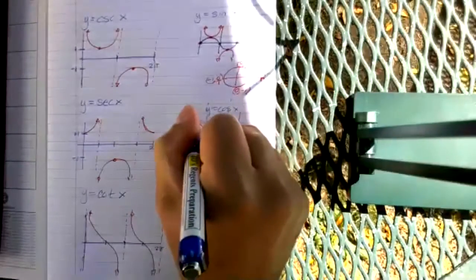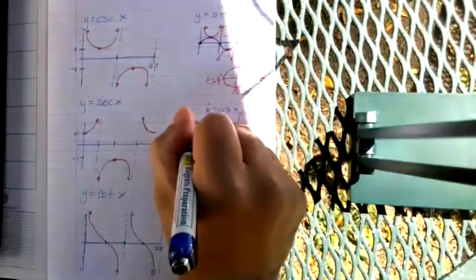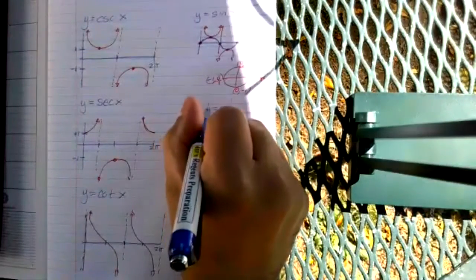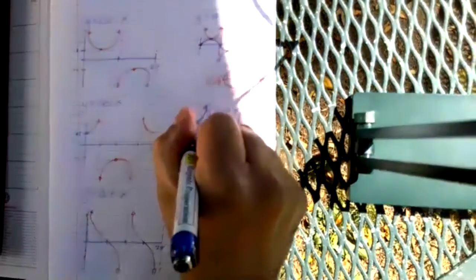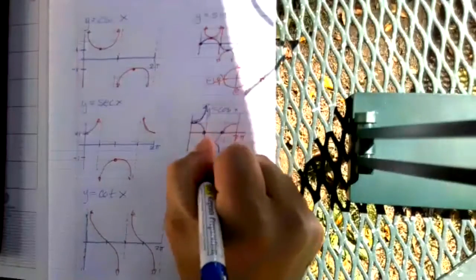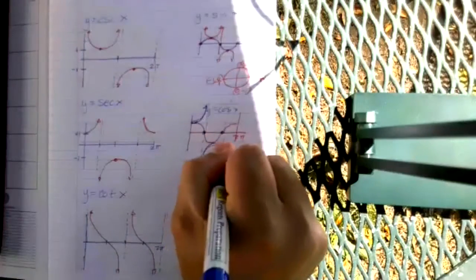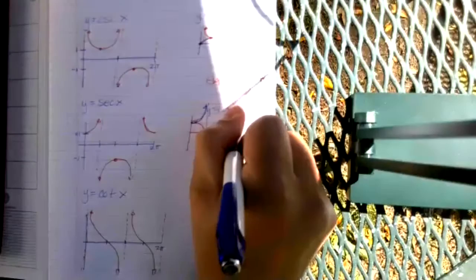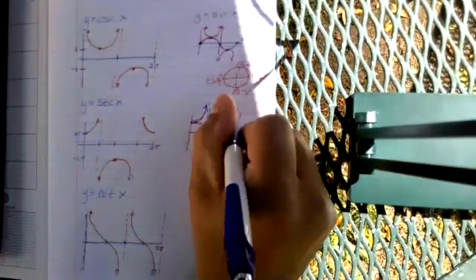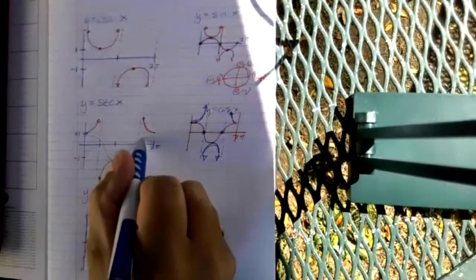And then our secant graph, just like our cosecant graph, is going to reflect off of the humps in my cosine graph. That's where these values come from. And my cosine graph would really be like this. See where those are coming from.